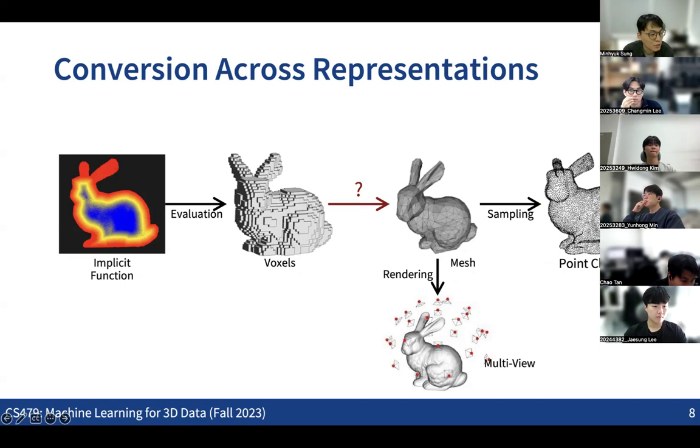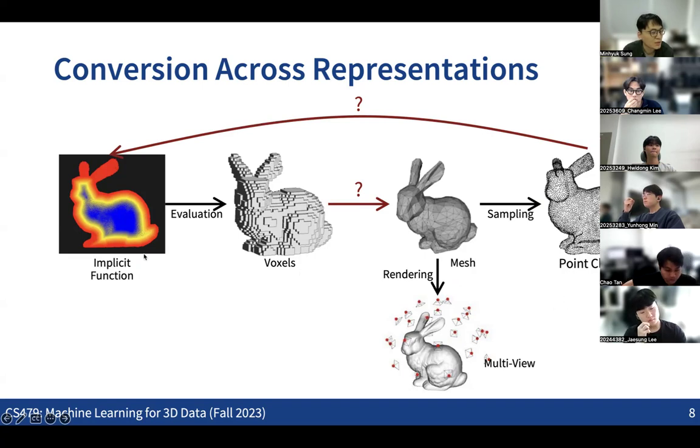And if we want to make a loop from the point cloud back into the implicit function, then we need another way to convert from the point cloud into the implicit function. So for this week and the next week, we are going to see how we can fill in these bridges across all the representations, so that we can change the representation from one to the other. That's the basic idea.